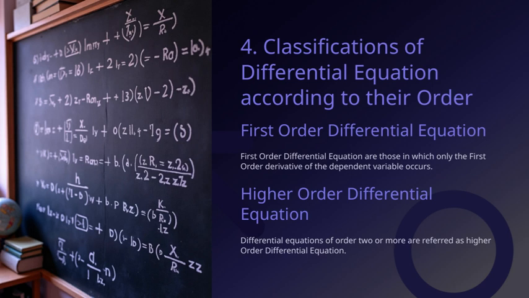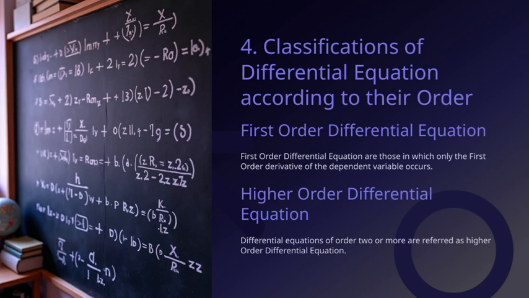Now, focusing on first-order differential equations, these are the simplest kind. They involve only the first derivative of the dependent variable. That means the equation describes how the function changes at a particular point without involving higher derivatives. Understanding these classifications based on order helps us organize the solutions and approaches we use.